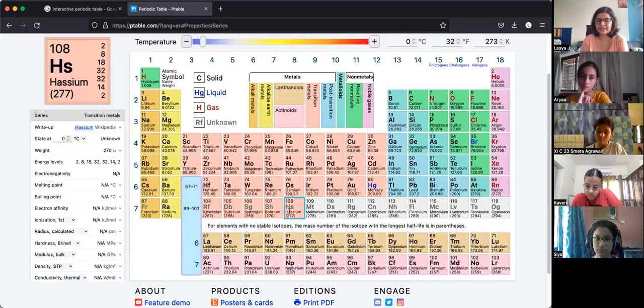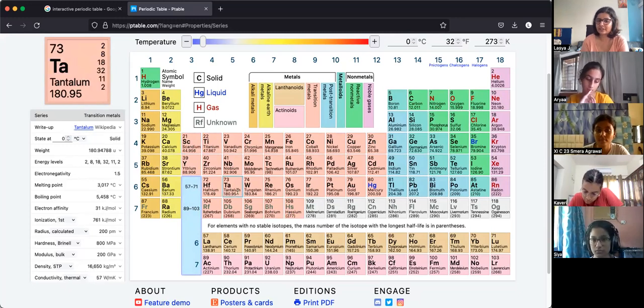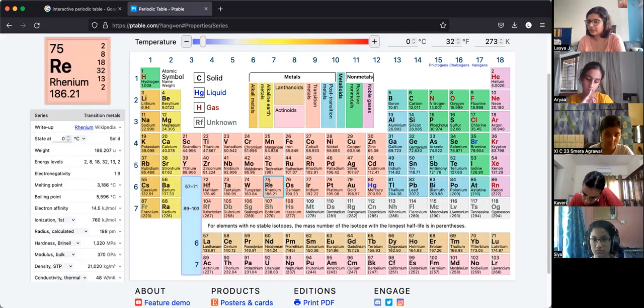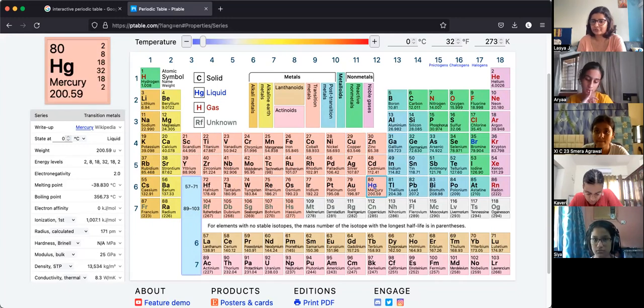You can barely study them. So a lot of what we are going to study in terms of trends will be 3d, 4d, and 5d. We won't be talking about 6d a lot. Zinc, cadmium, mercury have a d10 configuration, so they don't come under transition, but they are d block elements.